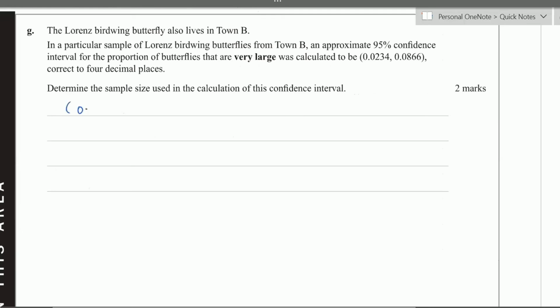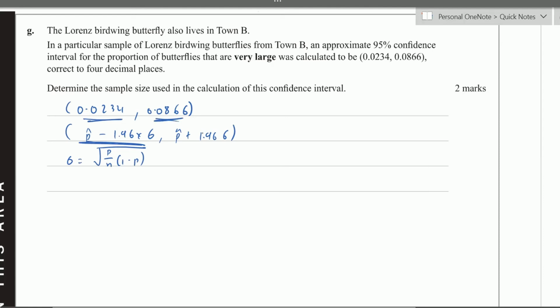So the confidence interval is 0.023488866, and we know to find the confidence interval in sampling, we use the formula 1.96 times sigma plus 1.96 times sigma, and then sigma is the square root of P on N, 1 minus P. So this value has to equal this one, and this value has to equal this one. So you have your two simultaneous equations.